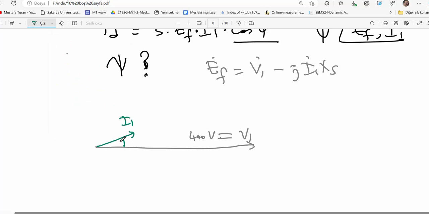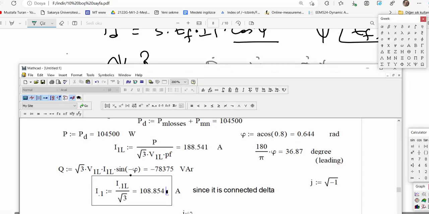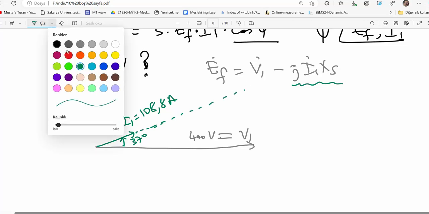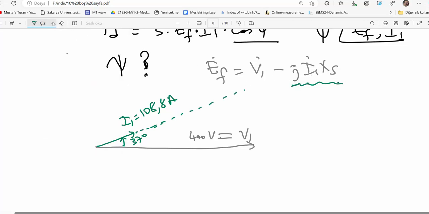Here's the leading current I1, possibly 37 degrees approximately. I1 is 108, was it? Yes, amps. And then subtract this guy, to subtract the perpendicular J I1 XS.